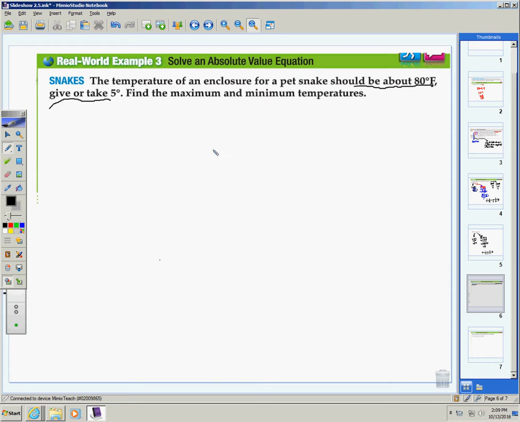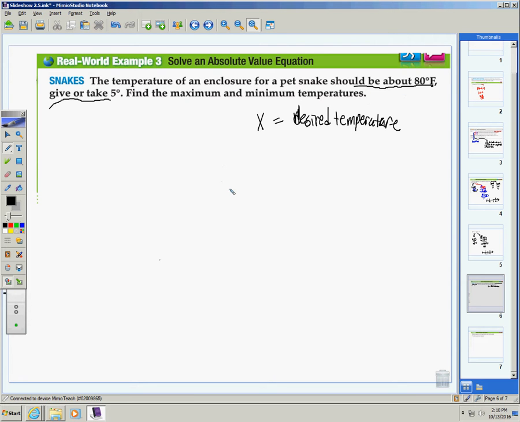The way I would do that is, first of all, I'm going to say x is going to be the desired temperature. And now if you think about it, whatever temperature it should be within 5 degrees of 80 degrees.